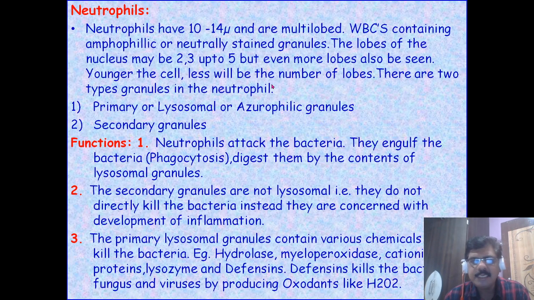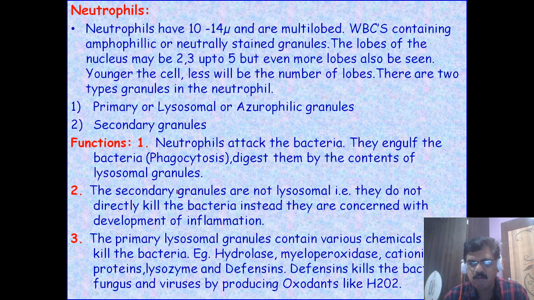There are two types of granules in the neutrophils, primary or lysosomal granules, and secondary granules. The neutrophils attack the bacteria and engulf them, a process that we call phagocytosis. They digest them by the content of the lysosomal granules.